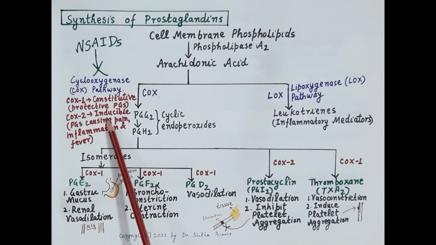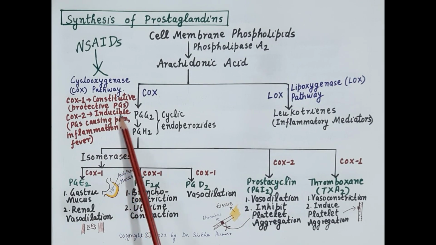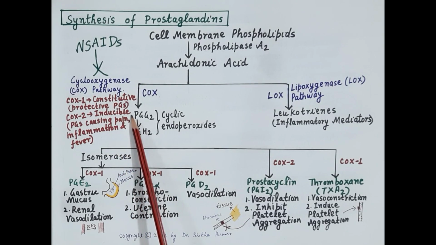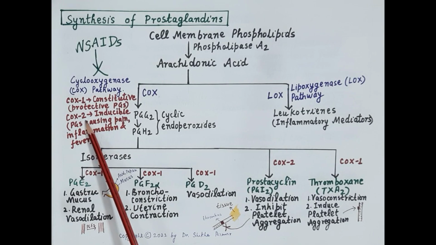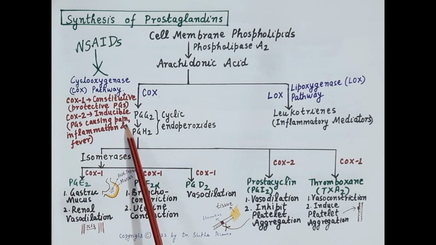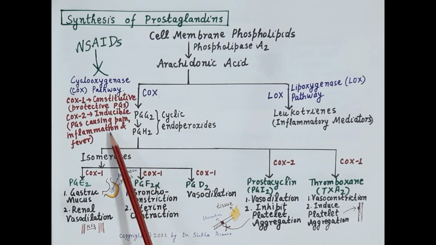Now, COX-2 is an inducible enzyme. So, its synthesis is induced by inflammation. It is produced during inflammation. And on stimulation, COX-2 mainly produces prostaglandins that are responsible for producing pain, inflammation and fever.